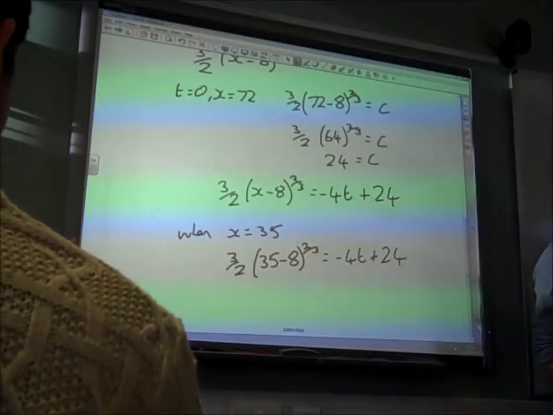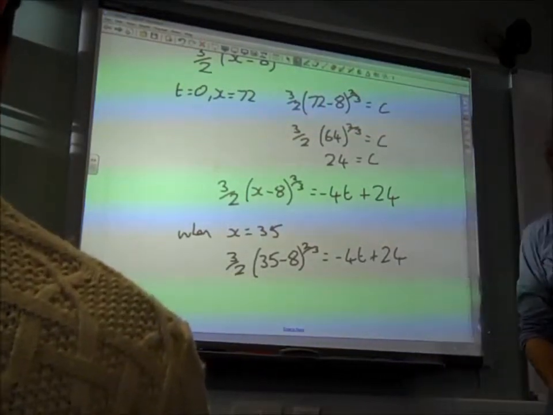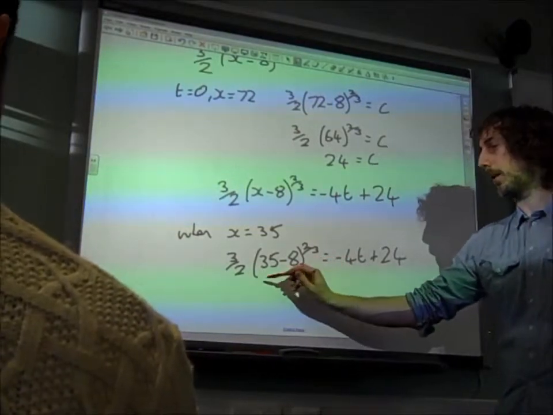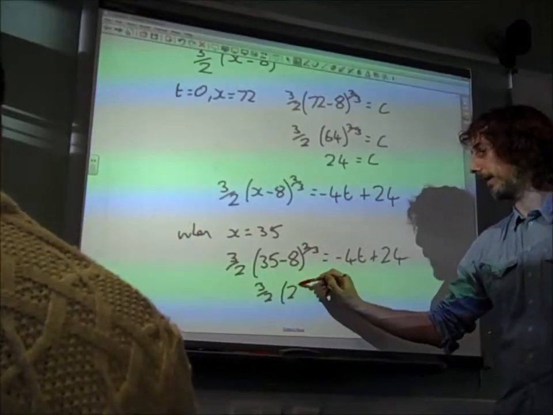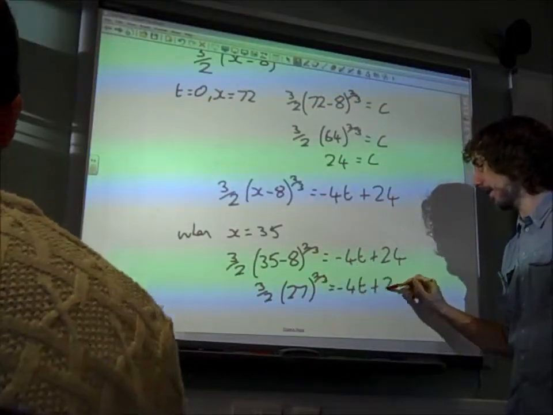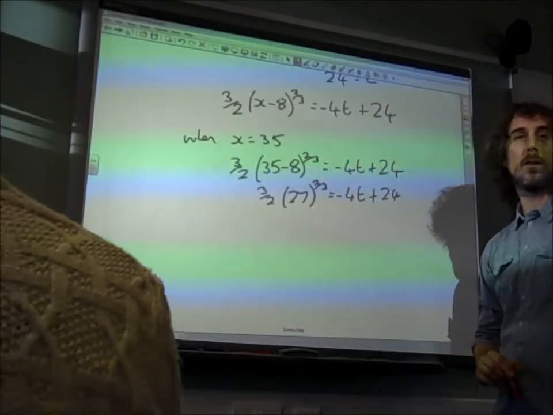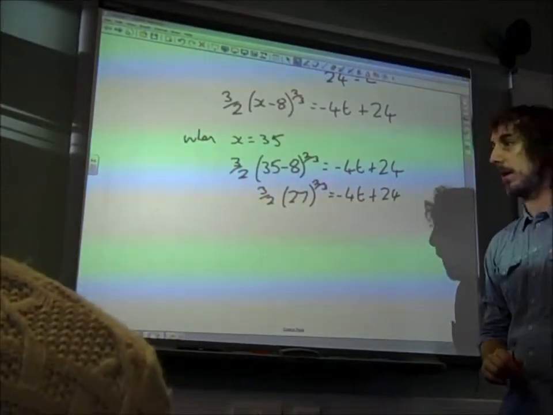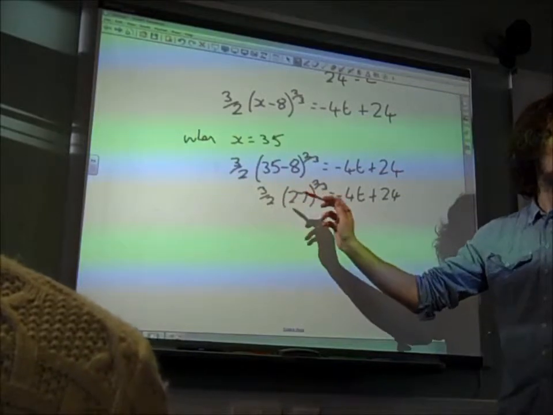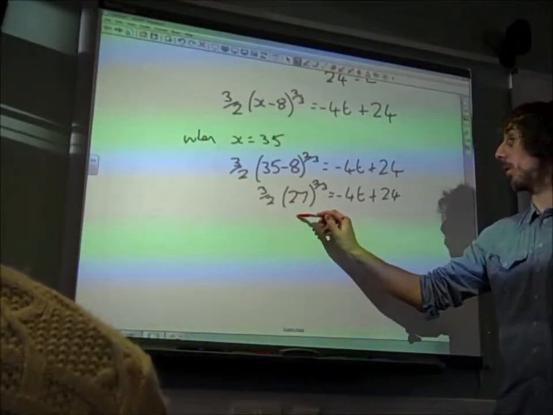Again, we get that strong feeling that everything is going well. 35 take 8, it's only another cube number, which is an encouraging sign. 27 to the 2/3 would be 3 squared, which would be 9. So we're doing 9 times 3 over 2, or 27 over 2.